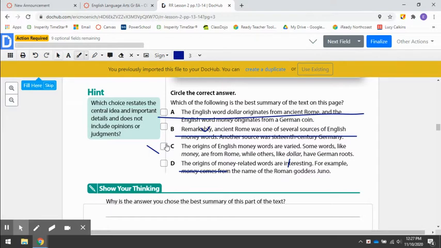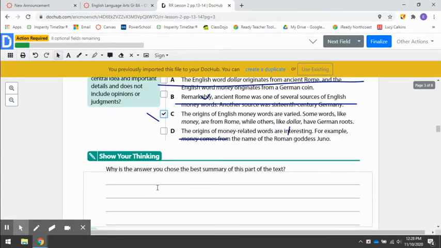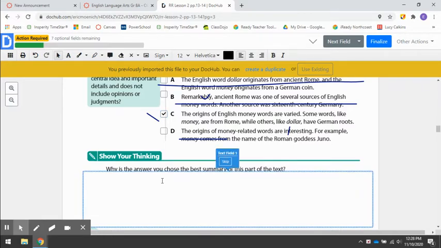So then it says, why is the answer you chose the best summary of this part of the text? Well, I basically just said that, right? But let's type it out as soon as my computer will let me, of course. We could say that letter C is the best summary because it uses correct facts from the text and does not include any opinions.